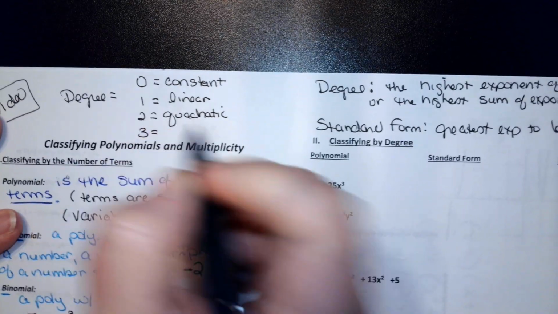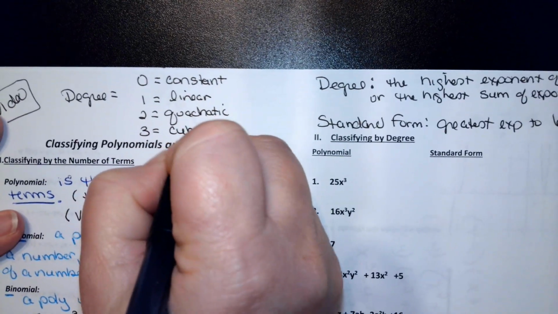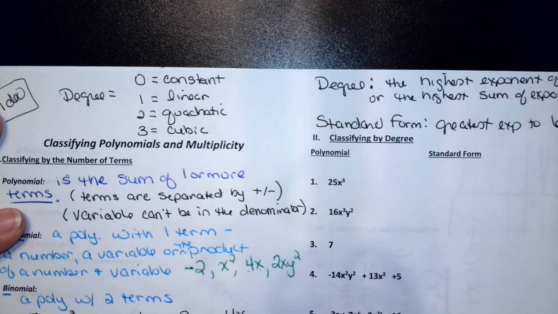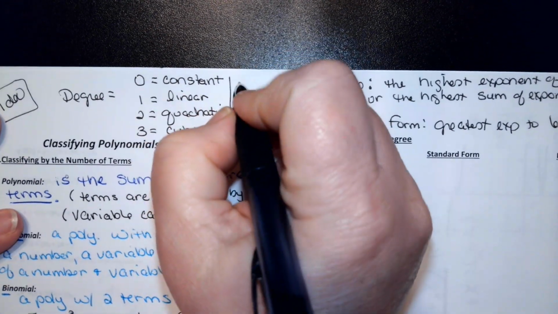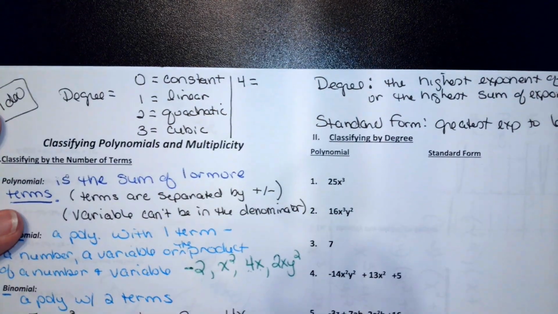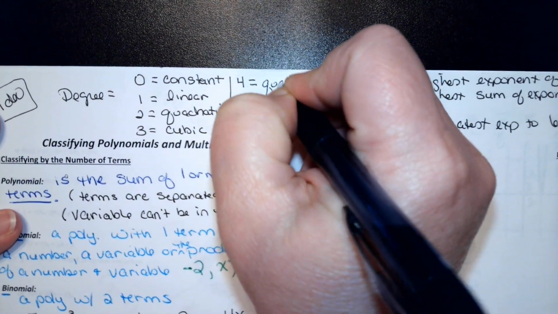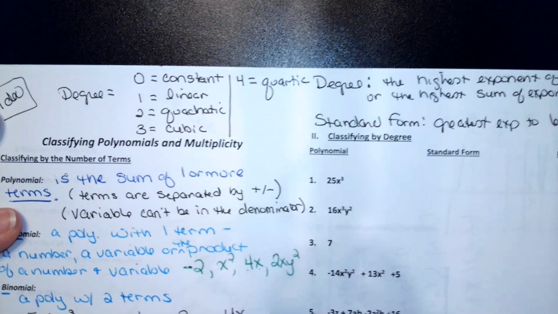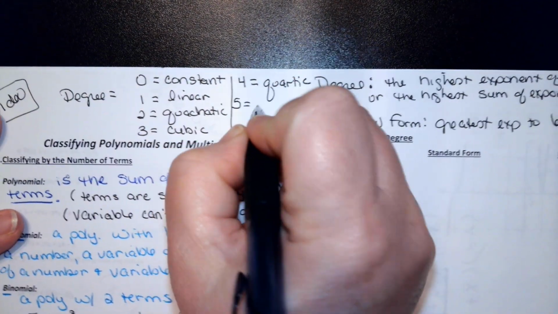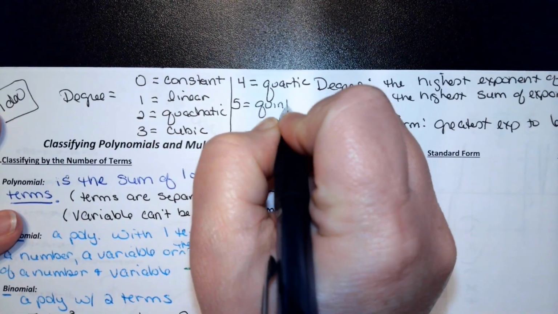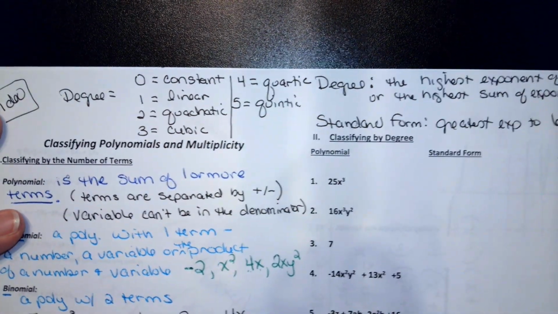If your degree is equal to a 3, then it's a cubic function. If your degree is equal to a 4, then it's a quartic function. And if your degree is equal to a 5, it's a quintic function.